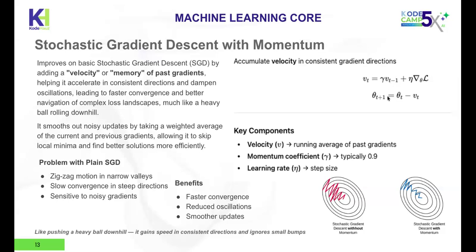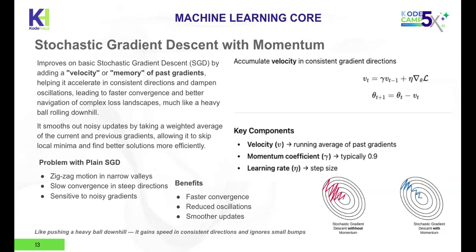And remember, the velocity is calculated by the running average of the past gradients. You can see it here. Velocity is basically a running average of past gradients. And that running average is calculated by, it's not here, but it's a standard running average. The running average is normally: take the current value plus the previous value reduced by a certain factor, and add it to the current value of the gradient.